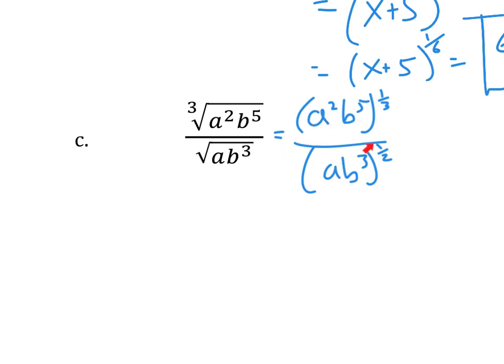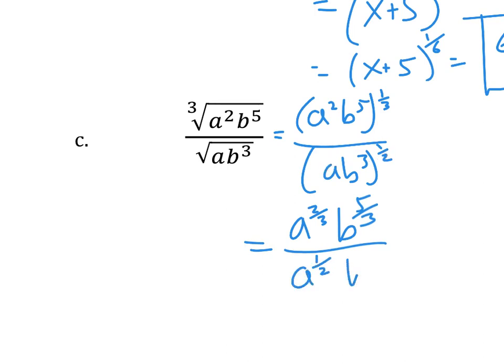All multiplying and division. So since it's multiplying, we can apply that. We have power to a power, so 2 times 1/3 is 2/3. 5 times 1/3 is 5/3. On the bottom, we have A to the 1st times 1/2, so that's 1/2. And then we have 3 times 1/2, and that's 3/2.